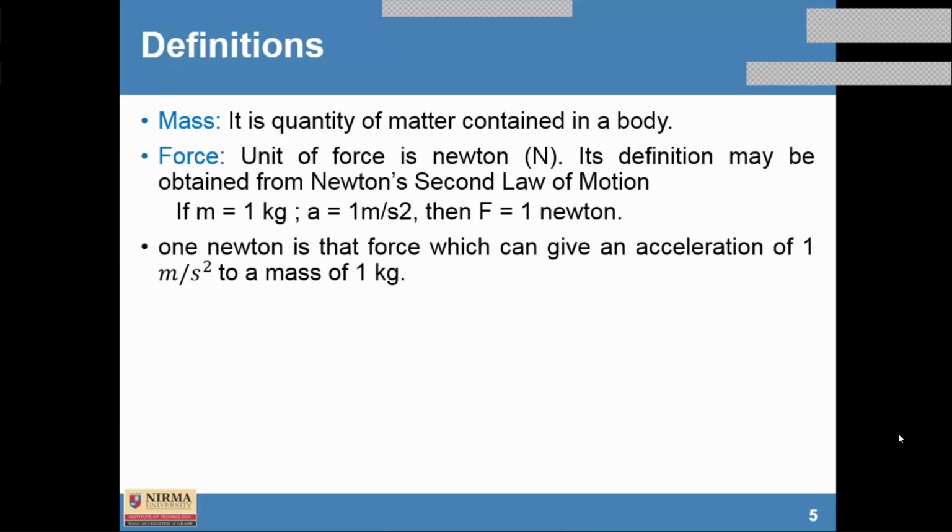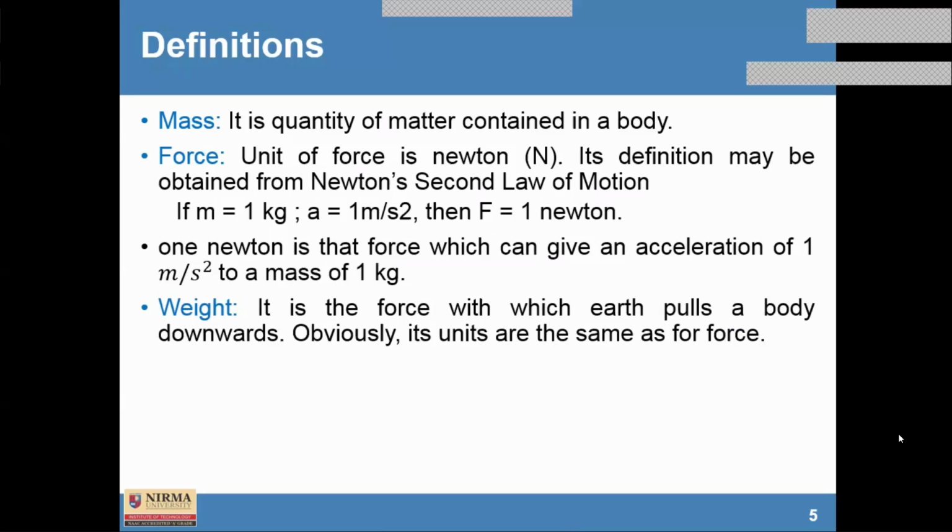Force, we know that force is always measured in Newton. Its definition may be obtained from Newton's second law of motion. 1 kg of mass, 1 meter per second square, and F is equal to 1. So we can define 1 Newton as the force which can give an acceleration of 1 meter per second square to a mass of 1 kg. So this is the force.